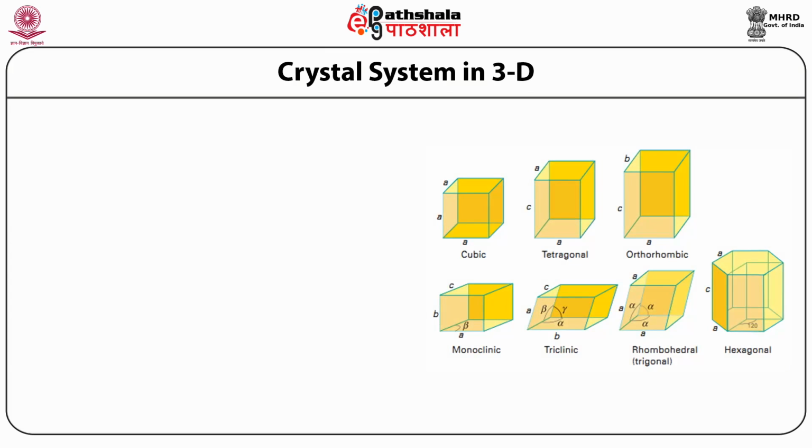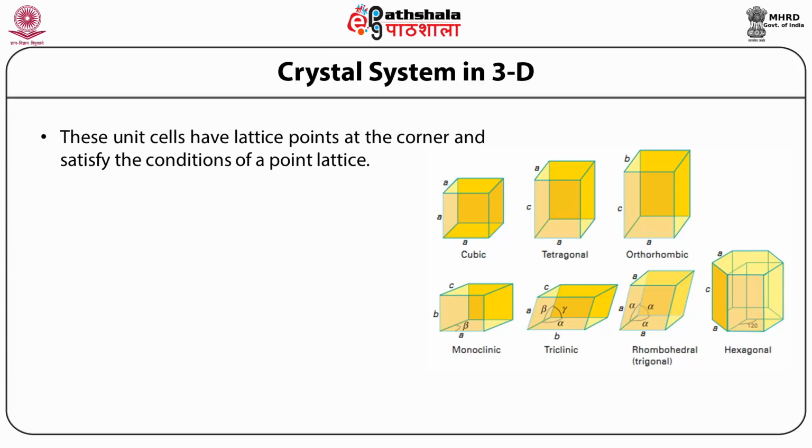As we have already discussed, the crystal systems in 3D are of 7 types, that is cubic, tetragonal, orthorhombic, monoclinic, triclinic, rhombohedral, which is also known as trigonal, and hexagonal. These unit cells have lattice points at the corner and they satisfy the conditions of a point lattice.